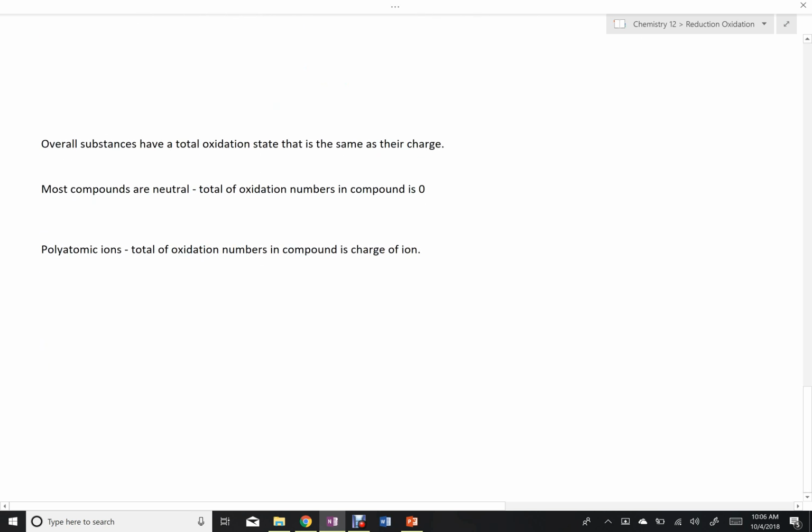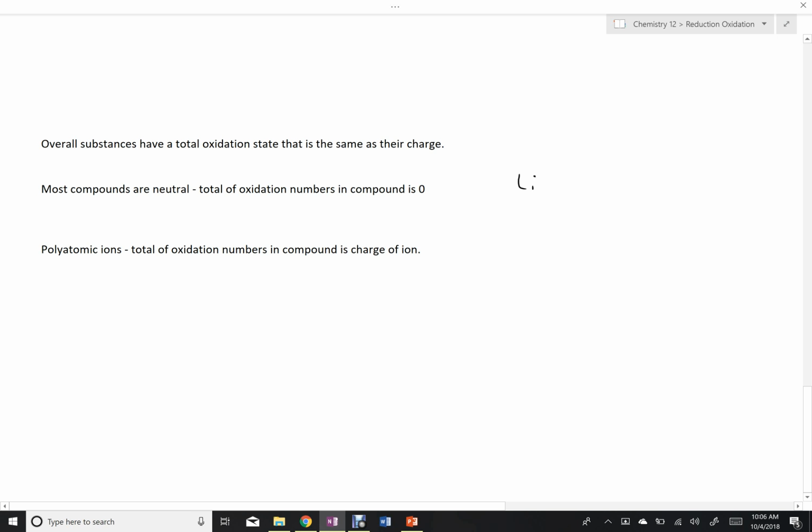If we can get the oxidation state of most of the atoms in a compound, and we're only missing one, then we don't need to draw out the Lewis structure to consider the actual sharing of electrons. We can instead just look at the total of the oxidation numbers in a compound.